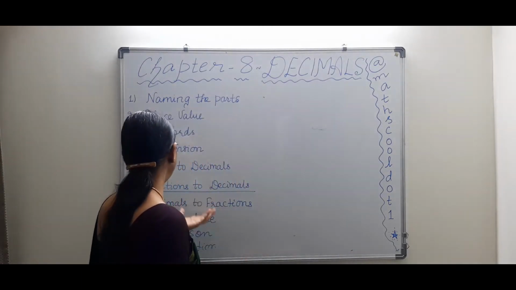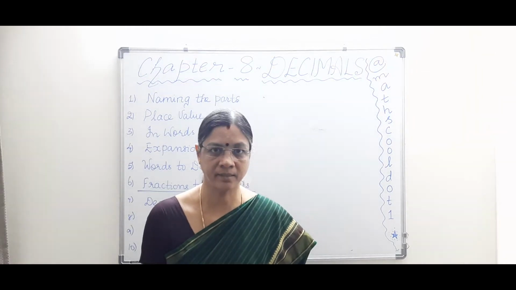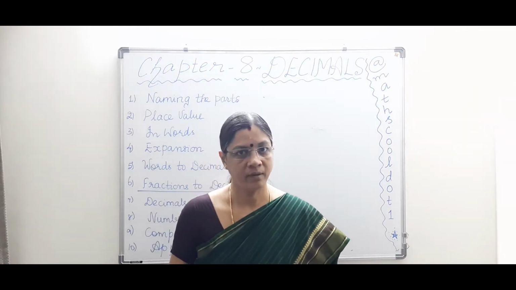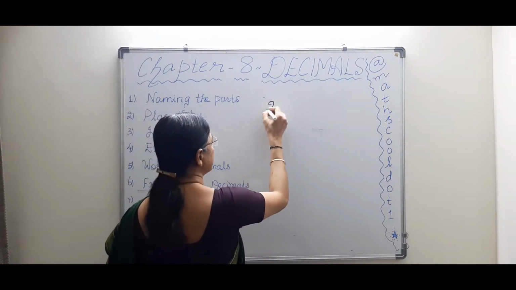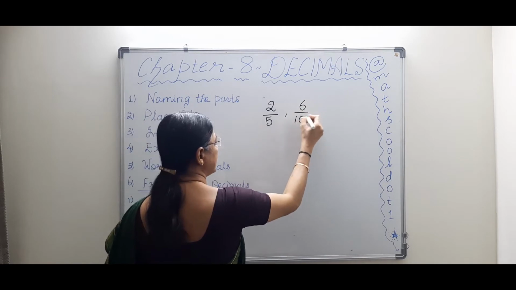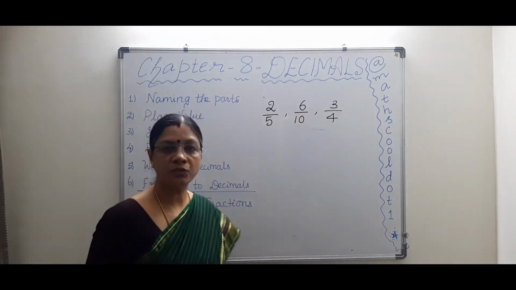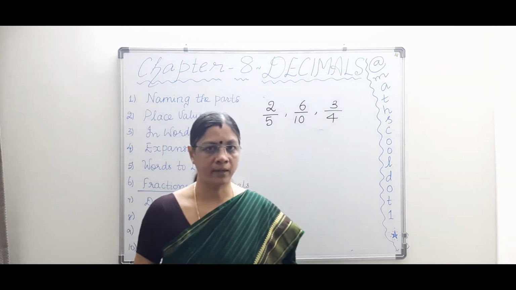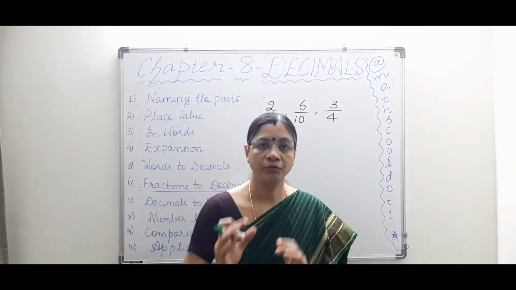So where were we? We saw fractions to decimals last class, isn't it? Just have a recap. Fractions to decimals. We know fractions. I said 2 by 5, 6 by 10, 3 by 4. When we speak about fractions, we know they are not whole numbers, they are parts of whole numbers.